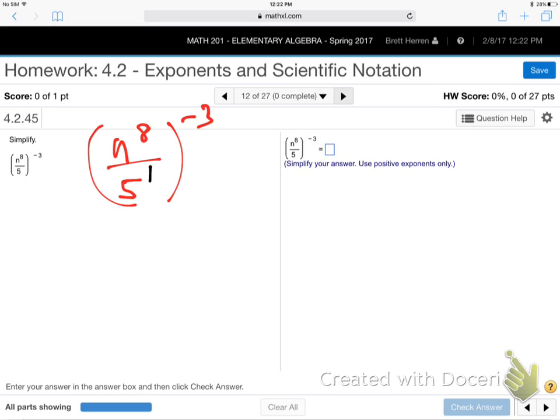Invisible power here. Multiply, multiply. Good. Everybody good so far? Powers outside, multiply powers inside.